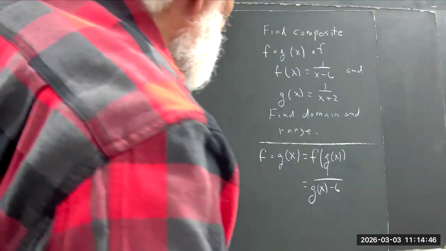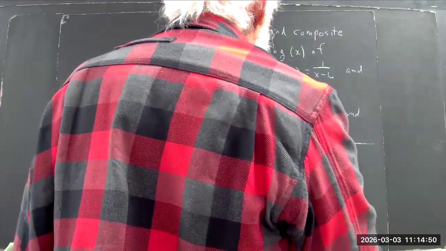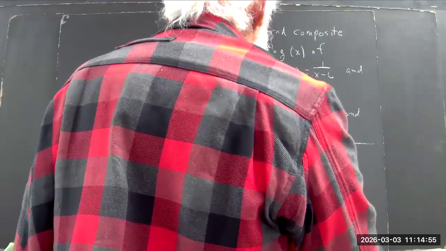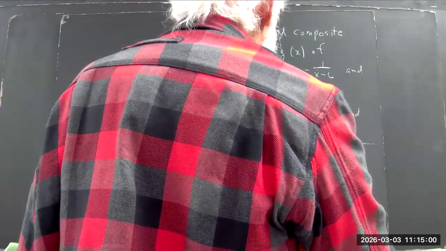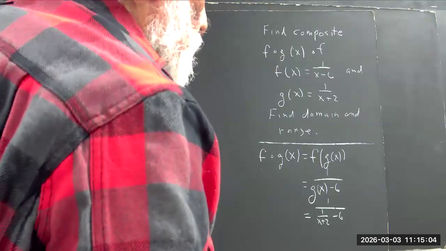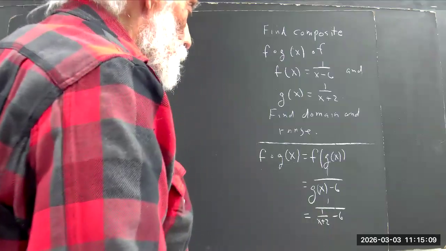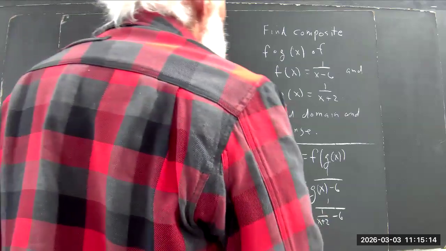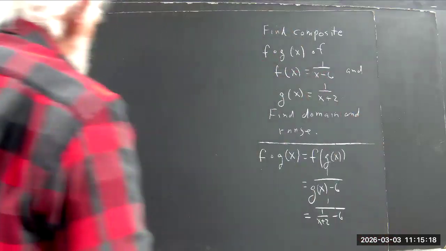Now, this gets a little bit complicated because this becomes 1 over the reciprocal of x plus 2, minus 6. There are various ways of simplifying this. The easiest would be to multiply the numerator and denominator both by x plus 2.